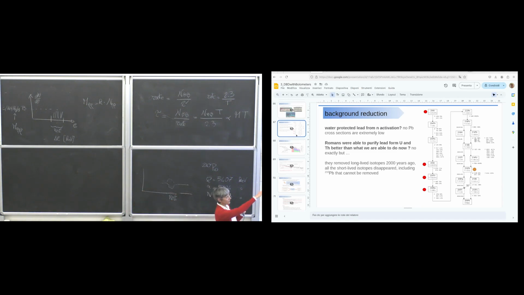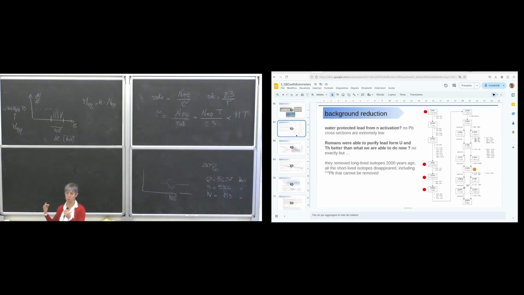In any case, lead 210 is now completely decayed. So in the ancient Roman lead, if they really removed uranium and thorium completely, lead 210 is no longer present. And indeed, we are not able to measure it.